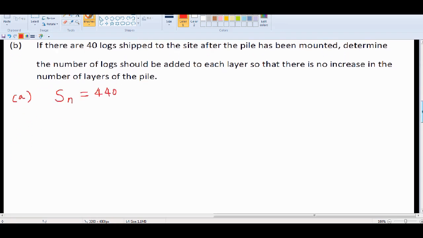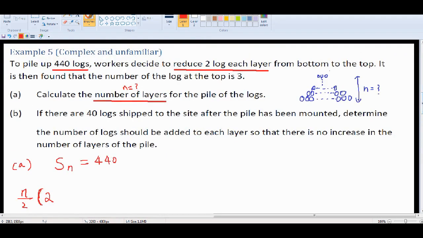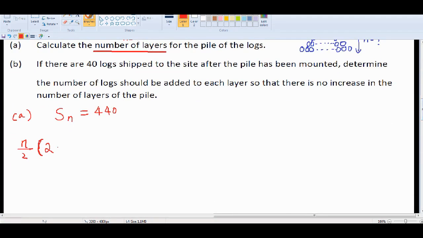So let's write the formula then. It's n divided by 2, times 2t1. What's t1? We don't know the bottom layer, but we know the top layer will be 3, so t1 equals 3. So 2 times 3, plus (n minus 1) times d.